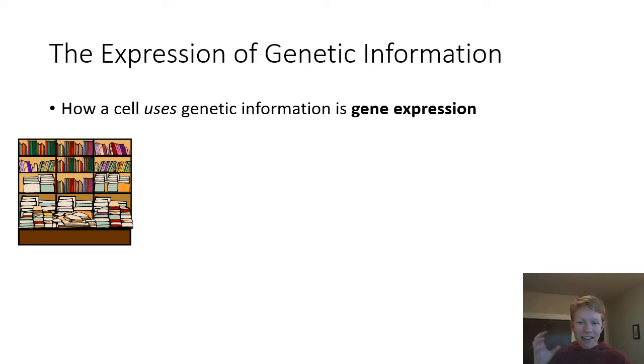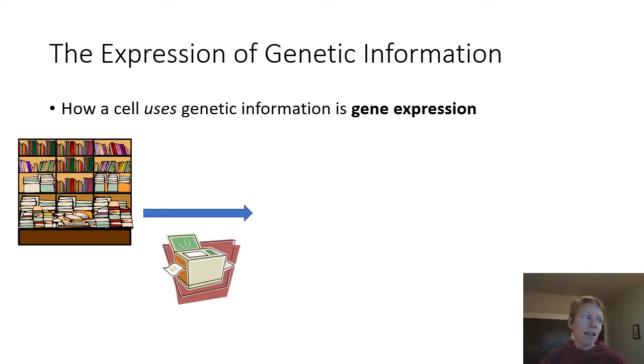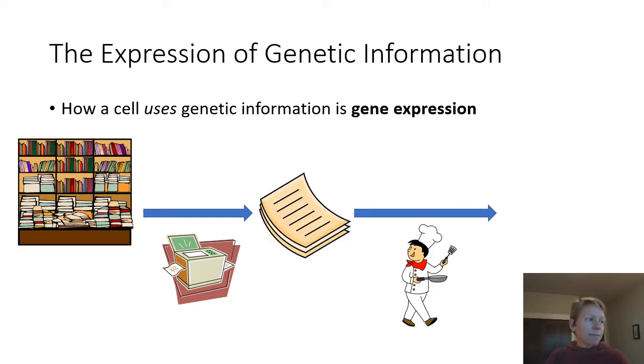So you can't take that book out of the library, but remember you have that quarter. So you make a photocopy of that recipe. And so now you just have that single piece of paper that has the recipe on it.